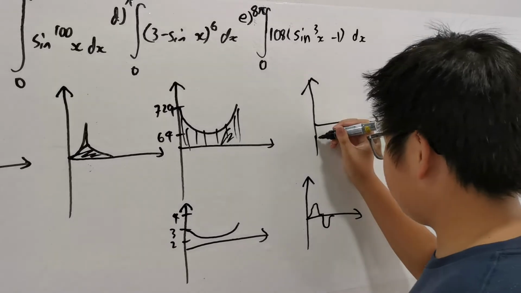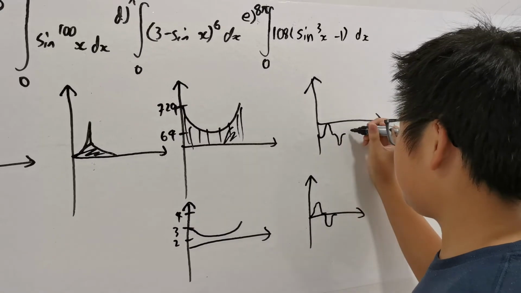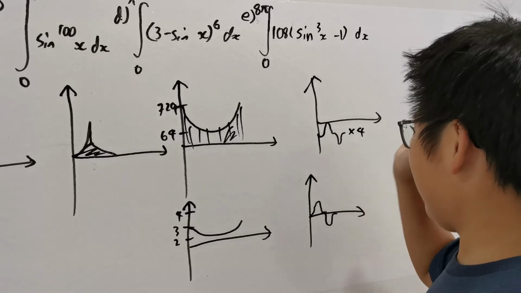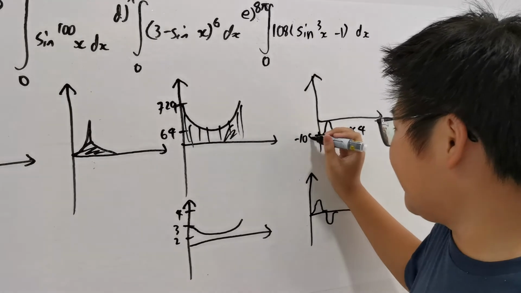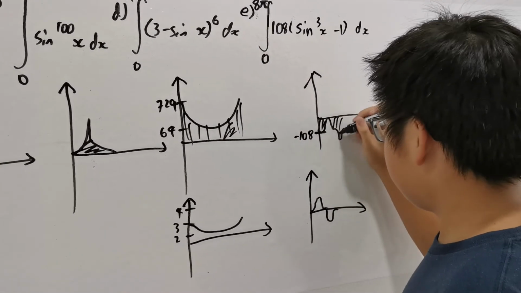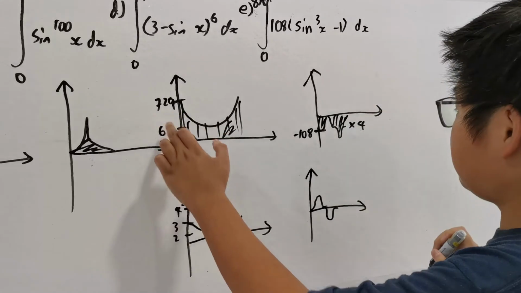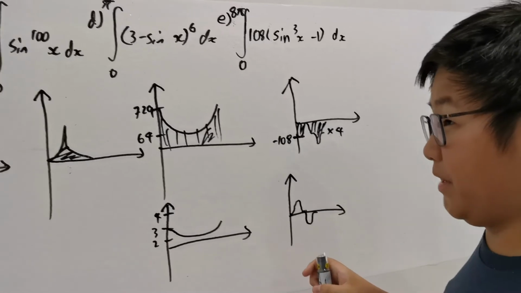And now we're subtracting 1, so it now looks a little bit like this, except this is repeated times 4. And this is negative 108. You think that's going to be our outrageously large value, but no. It doesn't even surpass this 729. Although it may look fuller, it certainly isn't bigger.